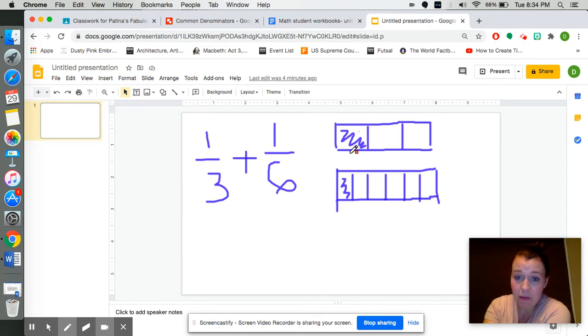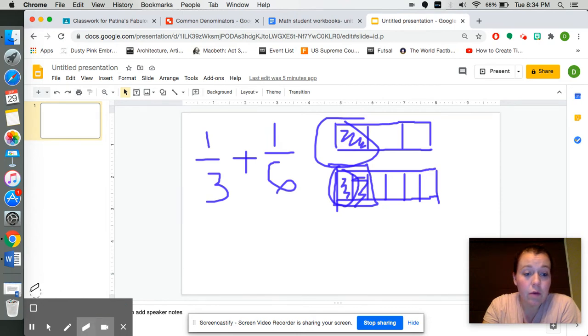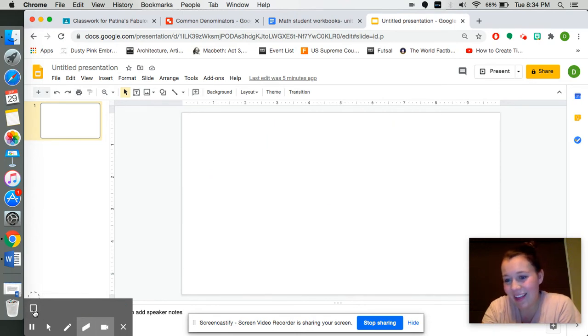We wouldn't be able to add it with the third pieces because it wouldn't be the same size piece that we're adding. So that's why we can't add, because this one is way smaller than this one, and we want to only add fractions that are the same size. Now, if I were to add 1/3 plus 1/3, those are the same size. And yeah, I could add those ones. Okay, so moral of the story, we're going to erase that really quick.